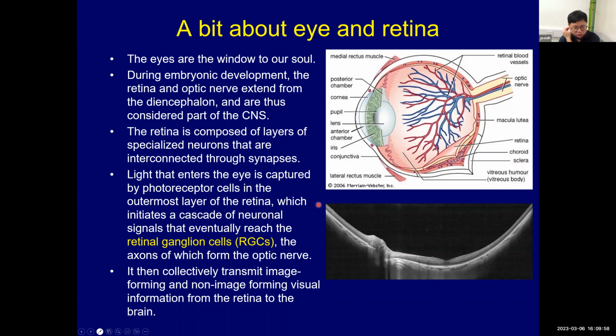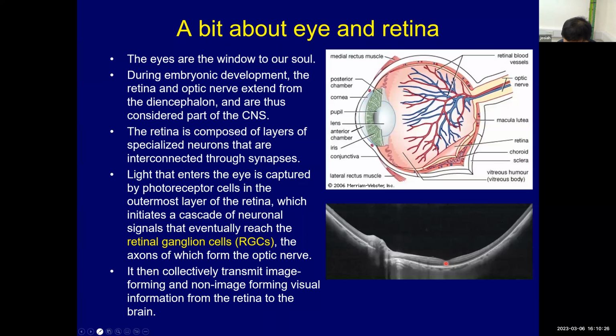This is how your eye looks. Basically, it's a circular chamber with a lot of liquid inside, mostly water. Then there's a thin layer of tissue, which is the retina, densely packed with photoreceptors, and this is how your retina looks using the OCT image.